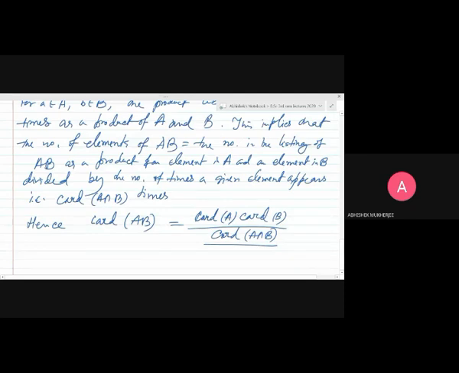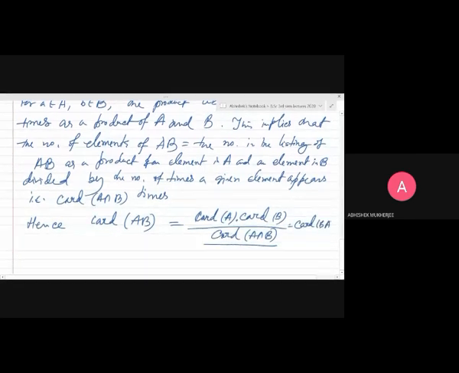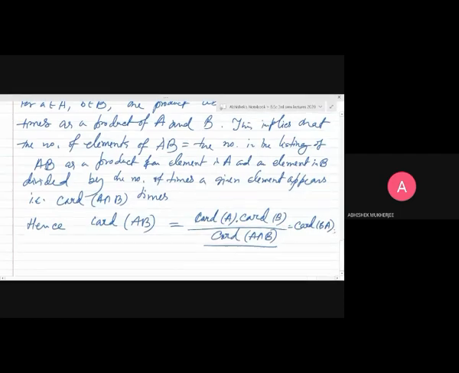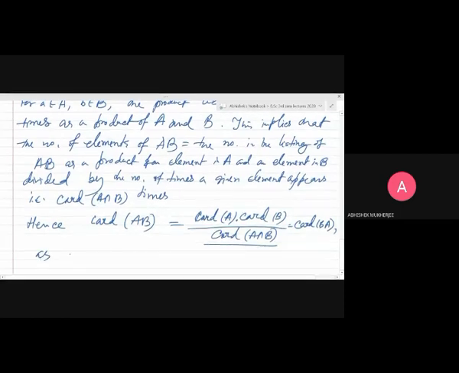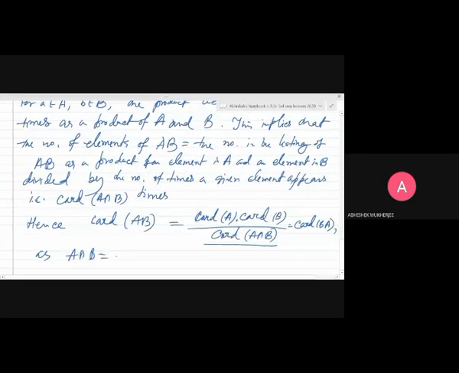So to get the unique ones, you need to divide this by cardinality of A intersection B. So cardinality of A times cardinality of B over cardinality of A intersection B is actually equal to BA also, as A intersection B commutes with B intersection A. So that is the reason, right?